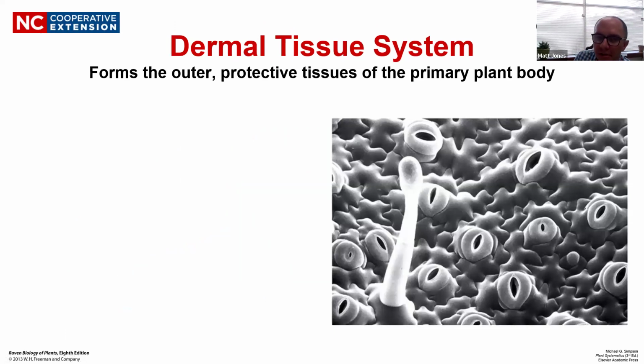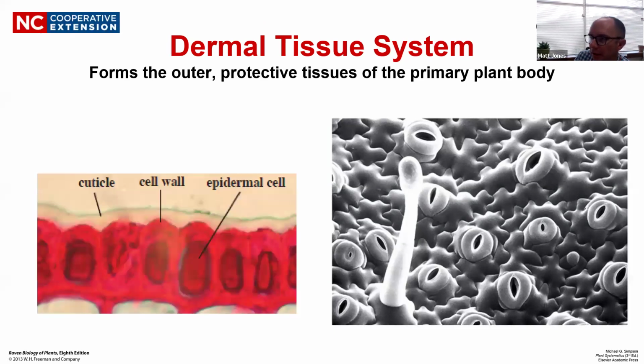Dermal tissues consist of cells that form the outer and protective tissues of the plant body. So it's a rather complex tissue type in that the different cells can take dramatically different forms. Often they secrete wax that forms the cuticle that again helps to seal in moisture.